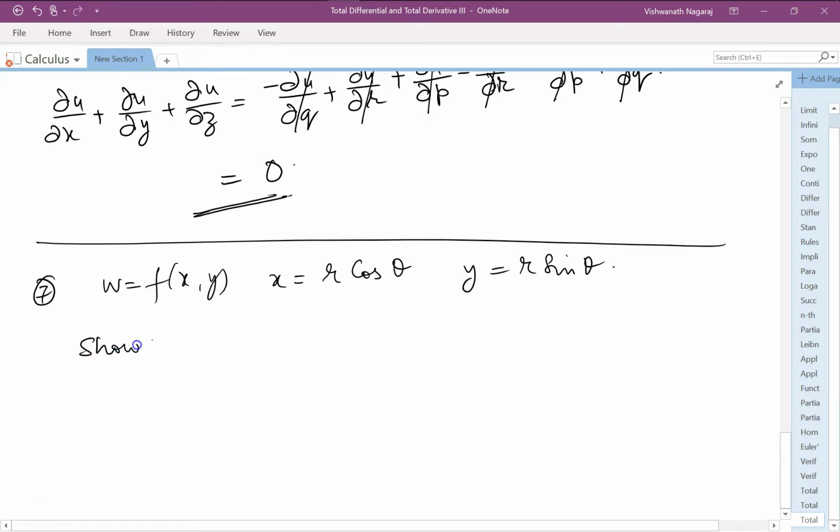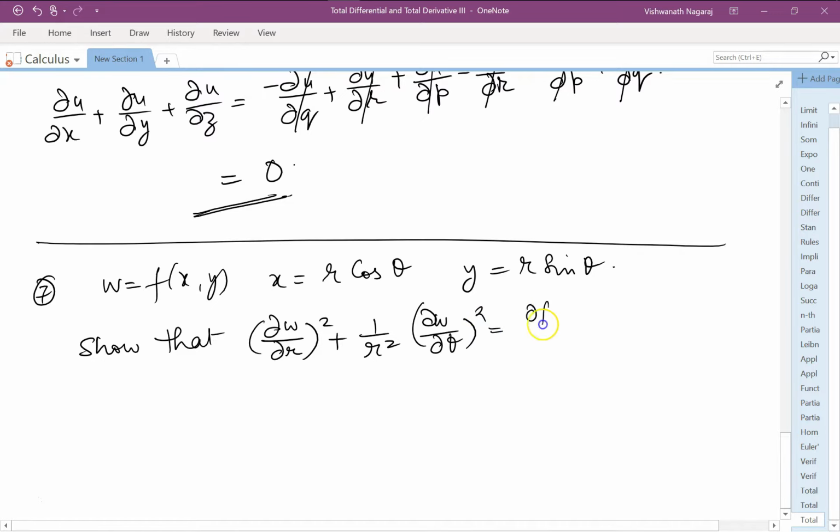Show that (∂w/∂r)² plus 1/r² (∂w/∂theta)² is equal to (∂f/∂x)² plus (∂f/∂y)².